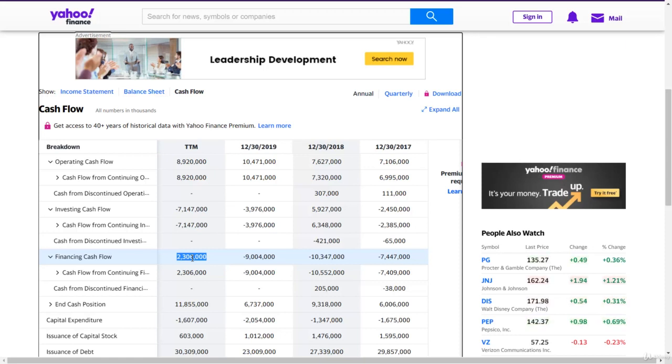It doesn't necessarily need to be debt for them to finance their cash flow. So for investing, ideally you want it negative, because that means the company is making some long-term investments, and of course we want that. The operating cash flow, we always want to be positive, and the financing cash flow can be just moderate, to be honest.